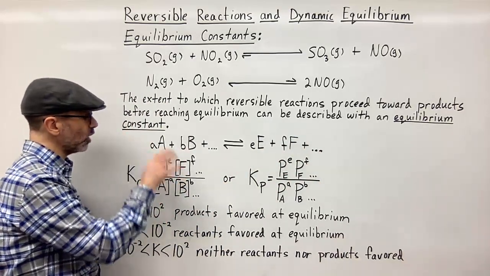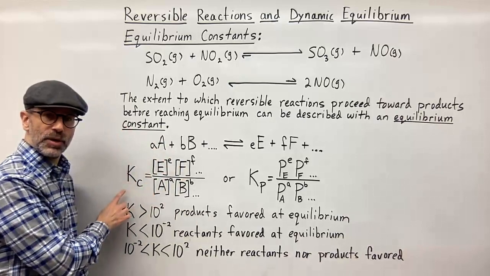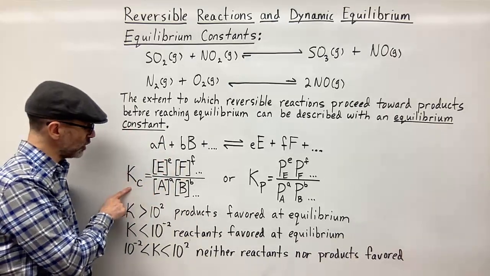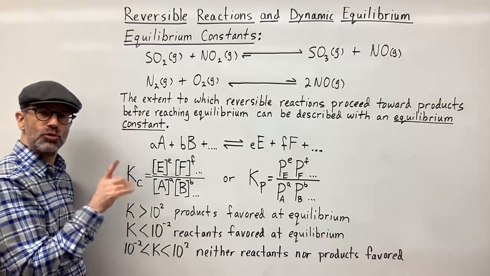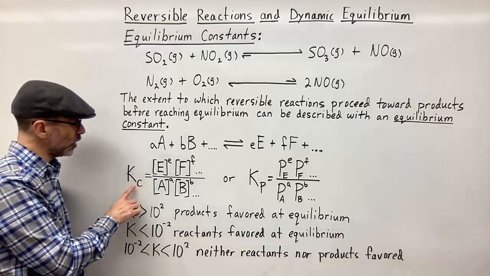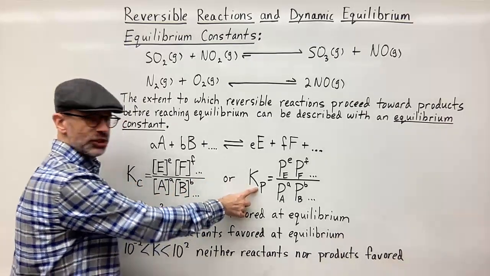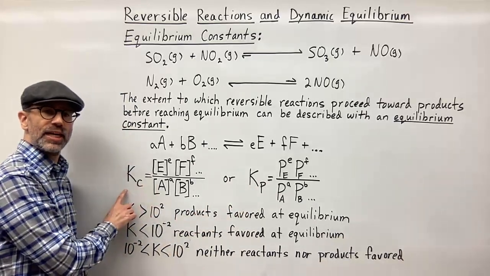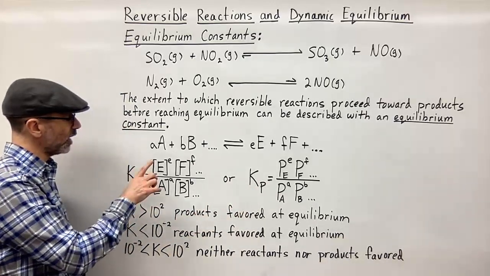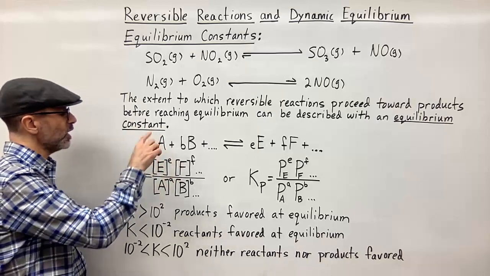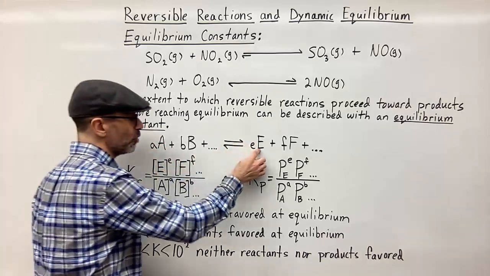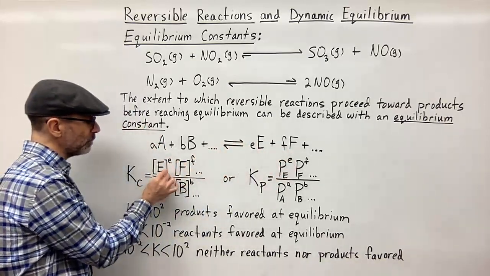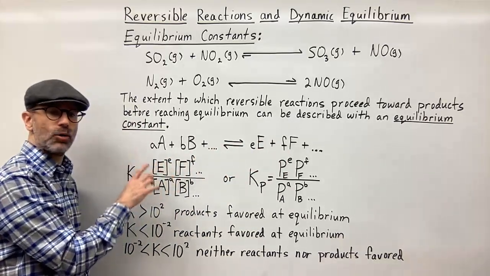So for your K expression, your equilibrium constant expression, there's two ways of expressing it. There's either concentration or pressure. So if you do the expression in concentration, then you take the concentration of your products and you multiply them together, and they're raised to the power of their coefficient.